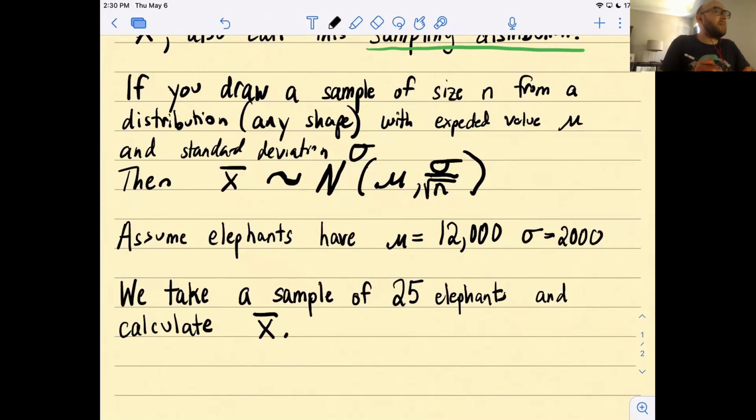So it's the average of 25 elephants. The question is, find the probability, and I'll just do a simple one. What's the chance that the average of the 25 elephants that you found is less than 12,200?